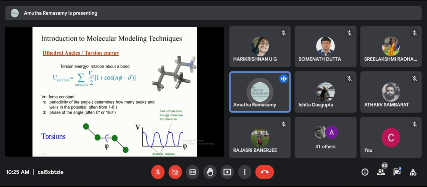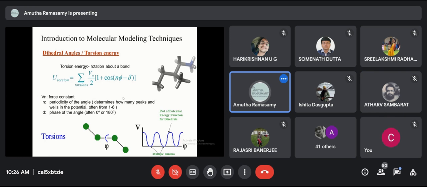Okay, so the proportionality constant is Vn. So altogether the equation is k by 2, Vn by 2 also you can write, but this function is normalized or corrected as 1 plus cos n phi minus delta. Now it is clear? Yes. Okay.